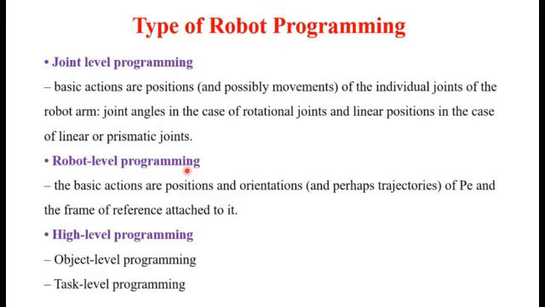And the joint angles are the instructions in the case of rotational joints, and linear positions in the case of linear or prismatic joints in the robots. Then the second one is robot level programming. In robot level programming, the basic actions are the positions and orientations of the robot, or the part that must follow.